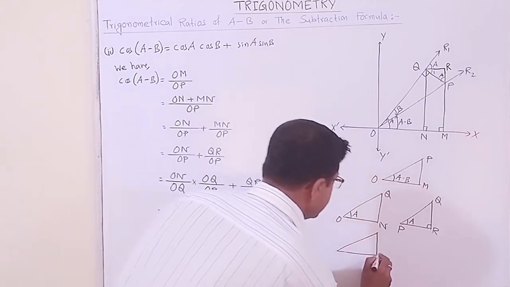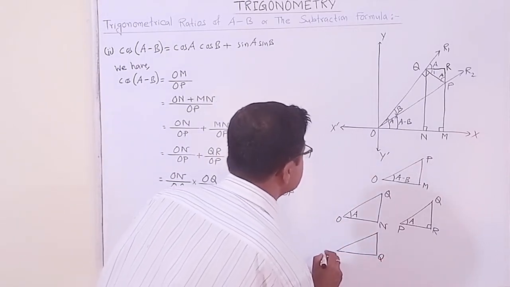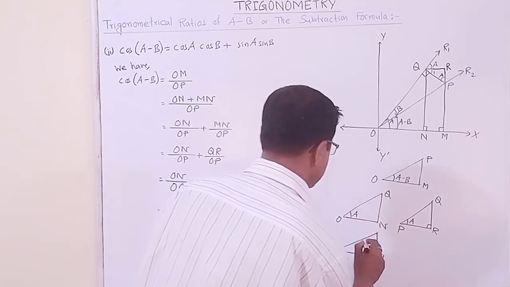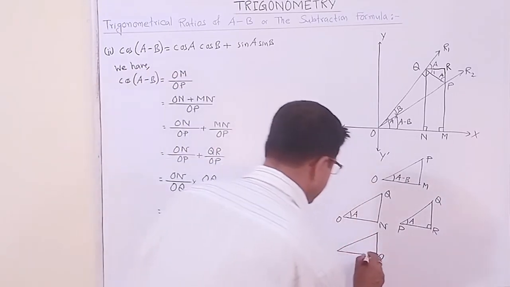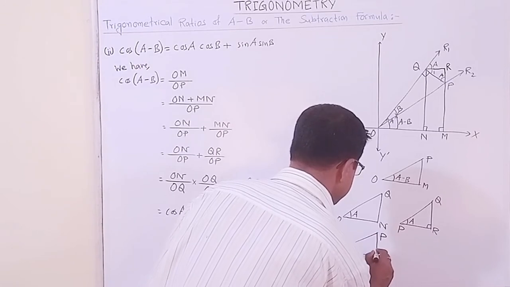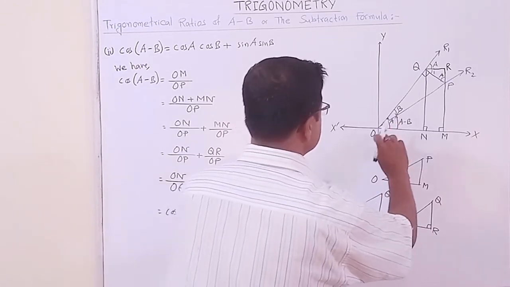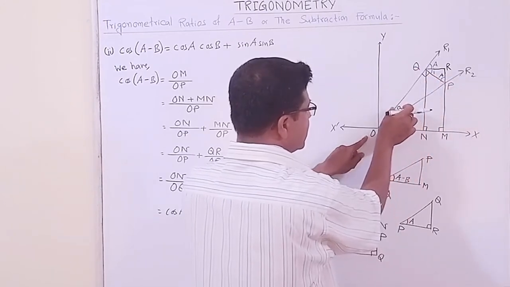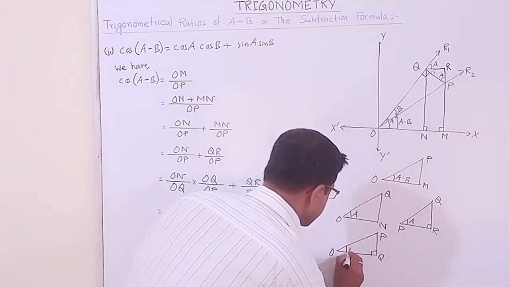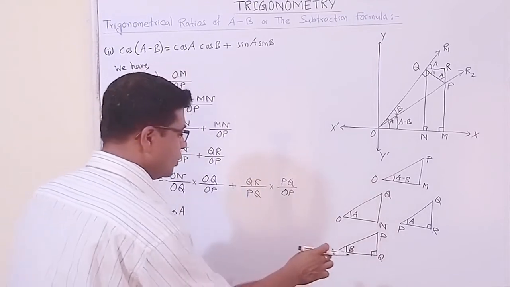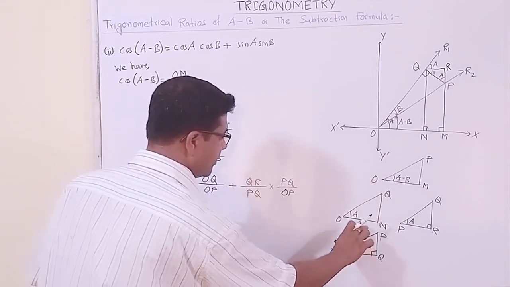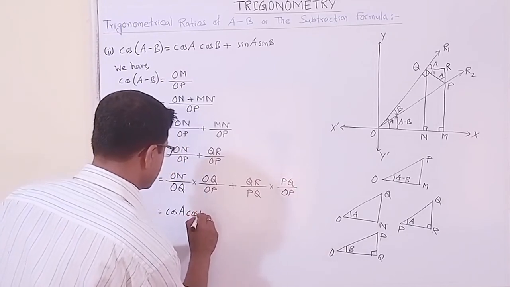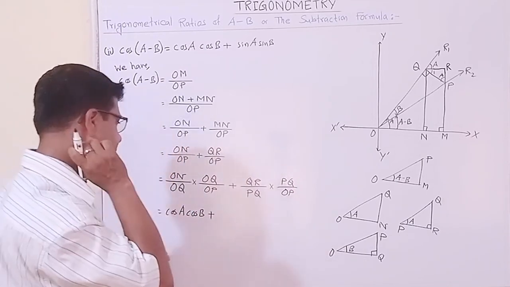This Q is 90 degrees. What is the name of the triangle? OPQ. You can see OPQ. This small angle is B. OQ, base by hypotenuse, it is cos. Cos of which angle? B. Cos of B plus.